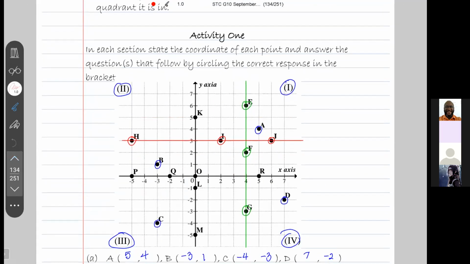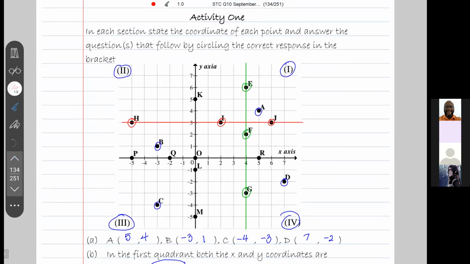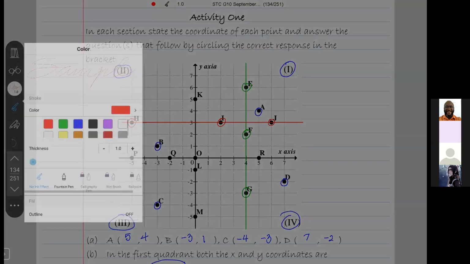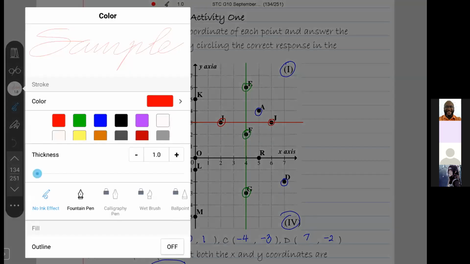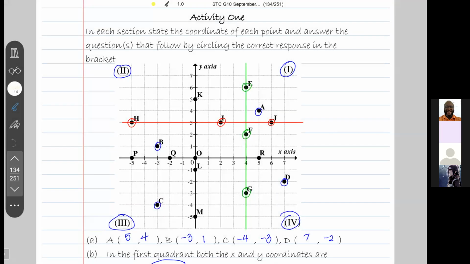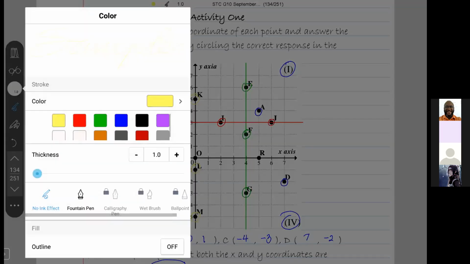K, L, and M. I'm changing the ink so I can identify them. All right, let's go yellow. Yellow is very light. Let's make the yellow a little bigger, thicker.